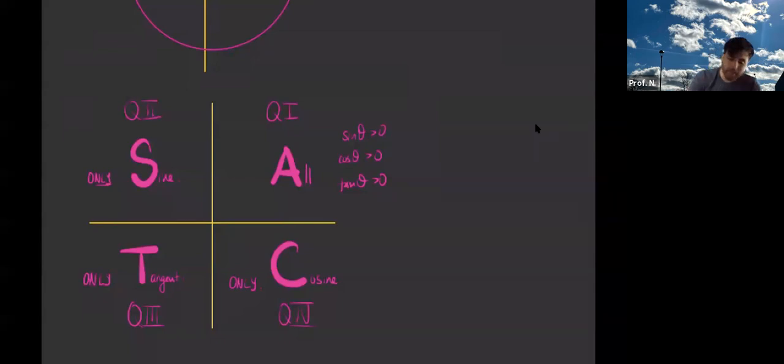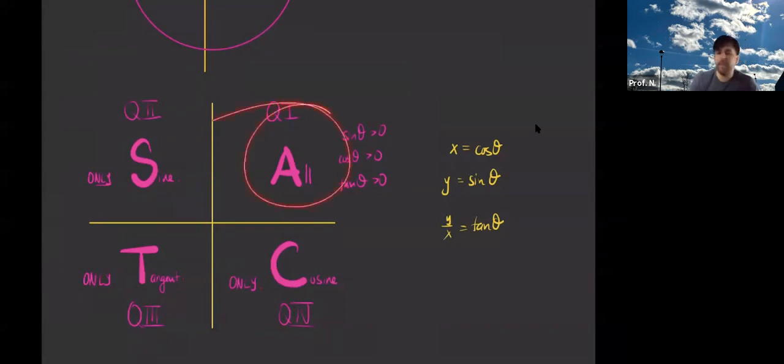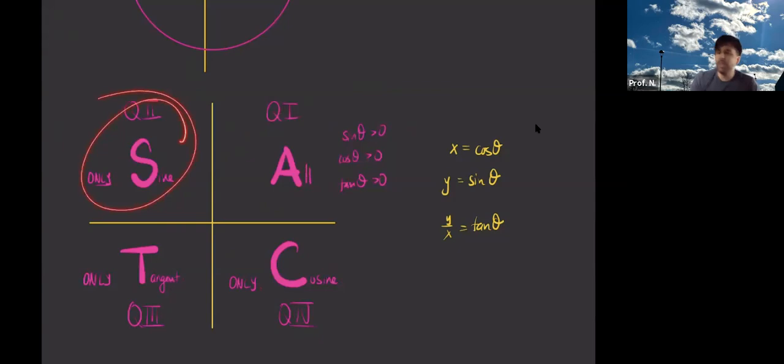Why is this true? It has to do with what? X equals cosine of theta. Y equals sine of theta. And tangent, remember, is sine over cosine, so it's y over x. In the first quadrant, all the x and y values are positive, so everything is positive. In the second quadrant, only the y coordinates are positive, the x coordinates are negative.